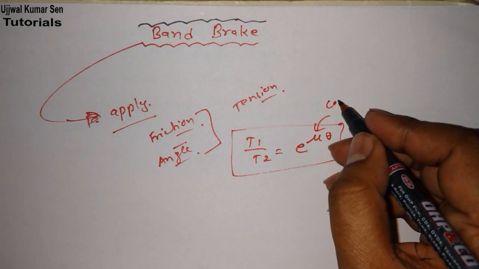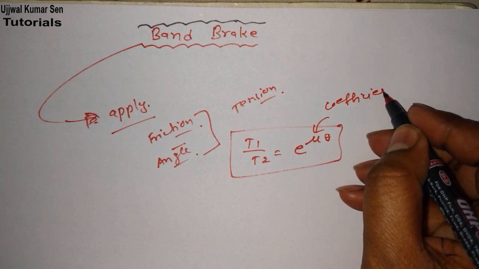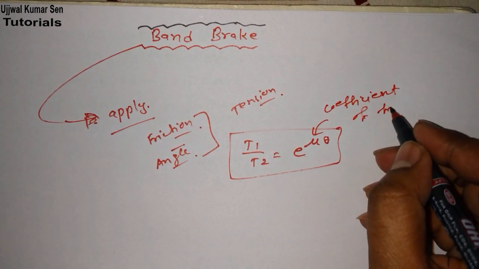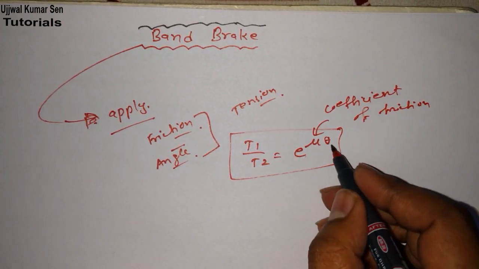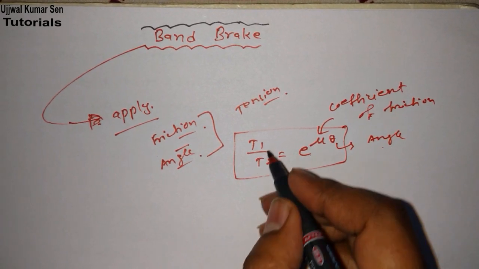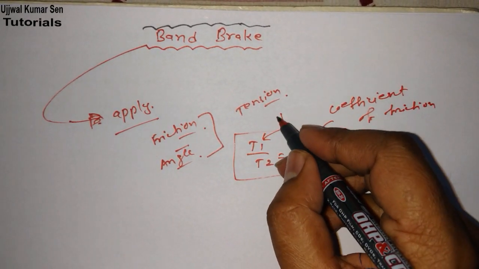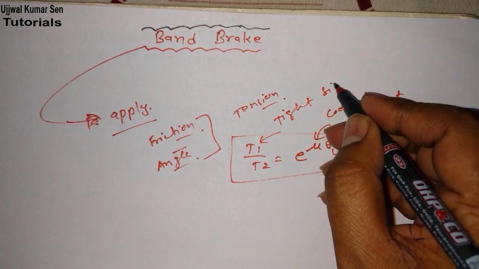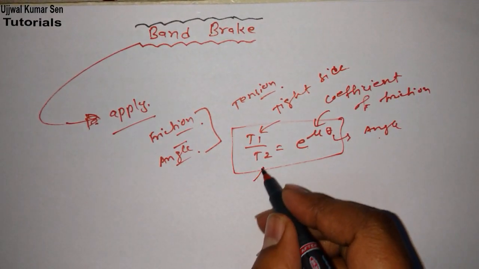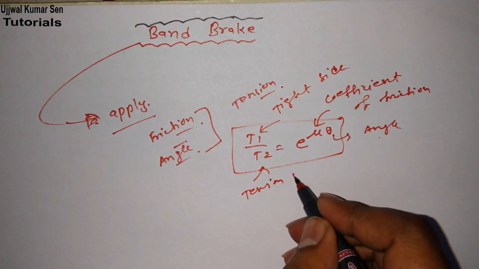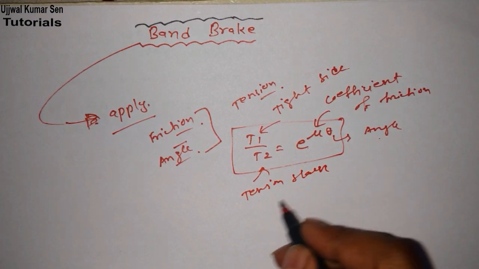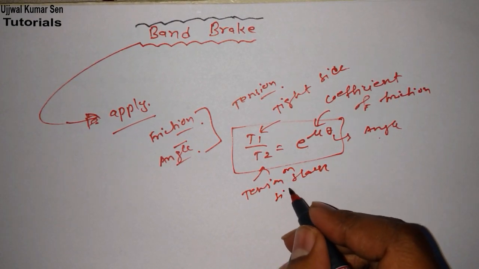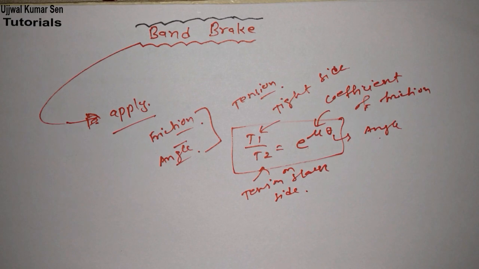Mu is the coefficient of friction, theta is the angle, T1 is the tension on the tight side, and T2 is the tension on the slack side. So these things are most important, right?